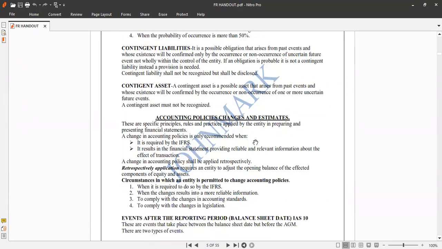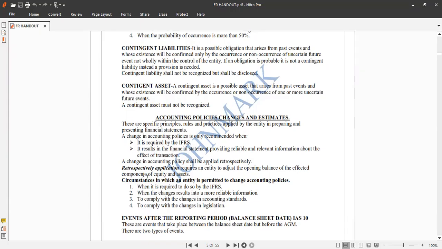Good. Then we have accounting policy changes and estimates. These are specific principles, rules, and practices applied by the entity in preparing and presenting its financial statements. A change in accounting policy is only recommended when, number one, it's required by IFRS, or number two, it results in financial statements providing reliable and relevant information about the effect of transactions.